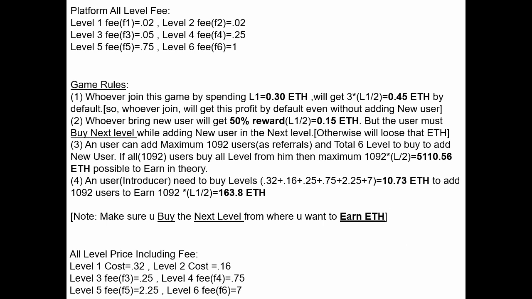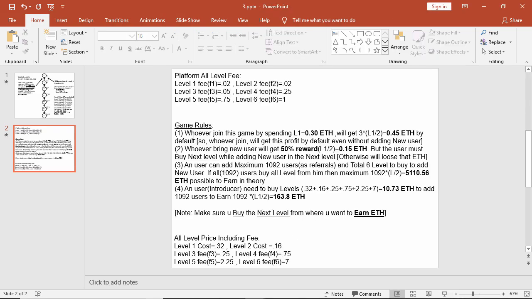Now let me finalize everything. The game rules. This point is very important to show. Here you can see how you convince anyone to join this game.